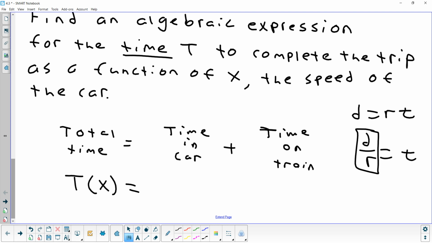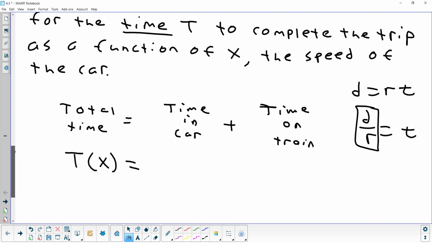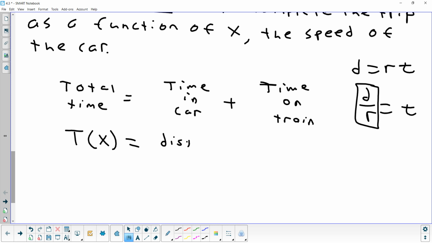So instead of writing time in car, I'm going to write it like this: distance in the car divided by speed of car, because distance divided by rate gives me time.